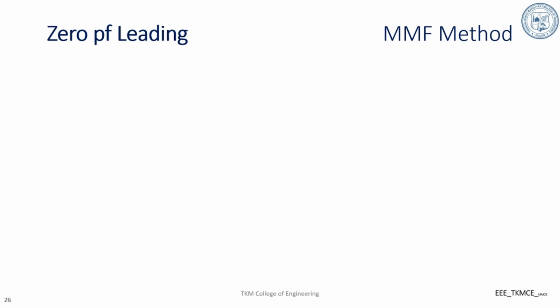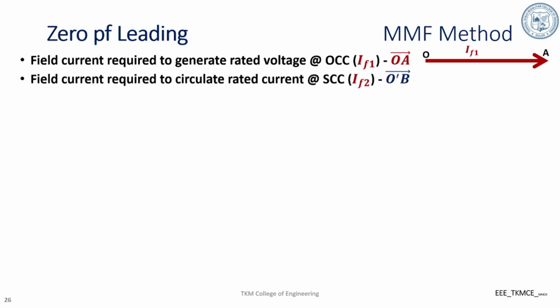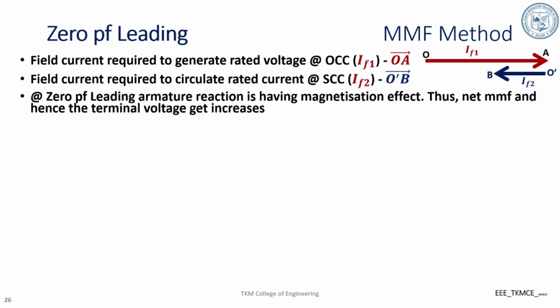Coming to 0 power factor leading, field current required to generate rated voltage at open circuit condition, that is IF1, is represented by the phasor OA. The field current required to circulate rated armature current under short circuit condition is IF2 and it can be represented by the phasor OB. At 0 power factor leading, armature reaction is having magnetization effect.